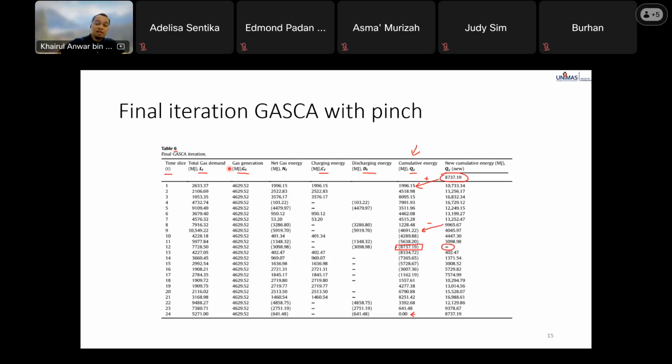Not much to recalculate. It just changes in NT, then you determine the charging and discharging energy for the cascading with the new value here.